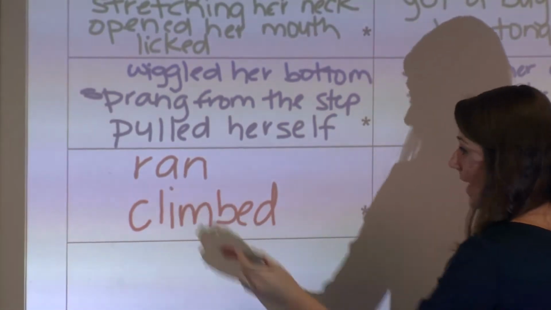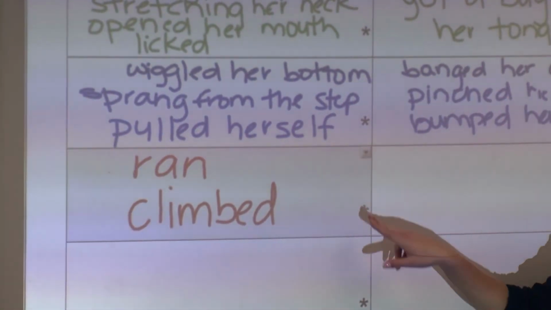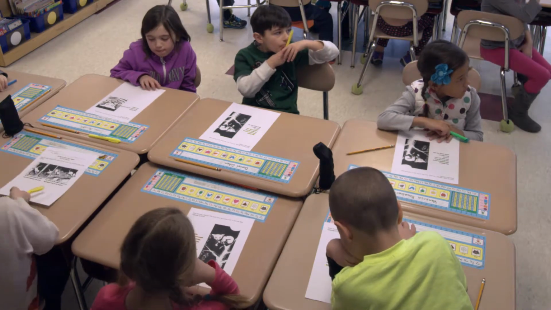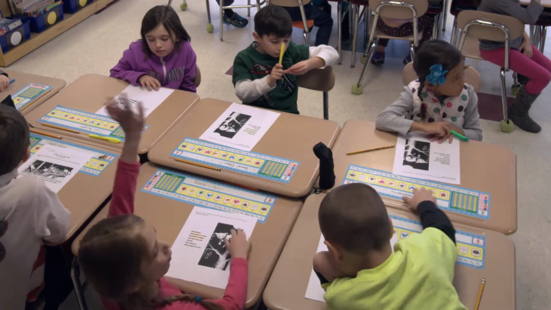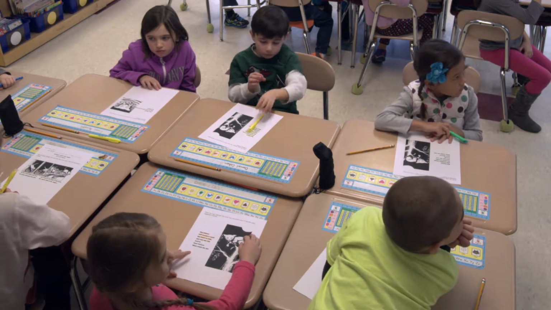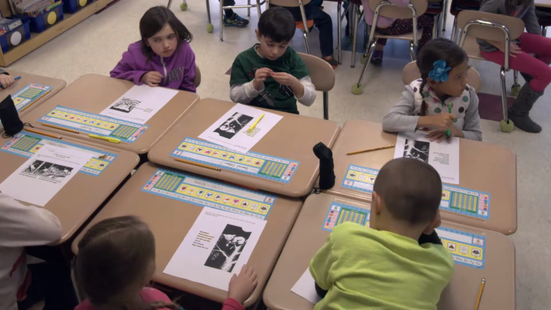Now if you were a friend who had that page, turn it over and tell me what happened after she climbed and ran to the top of the tallest tree. What happened to her? Carter? She couldn't reach the bowl. Okay, she couldn't reach the bowl of milk. What else?